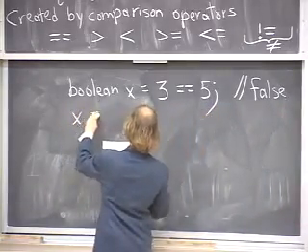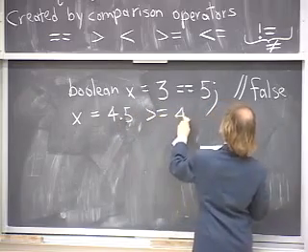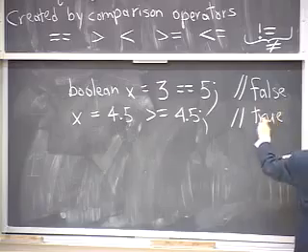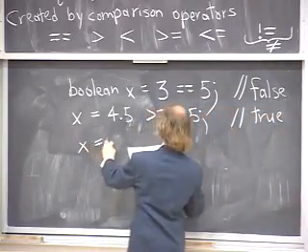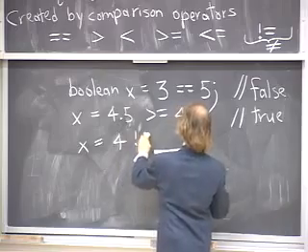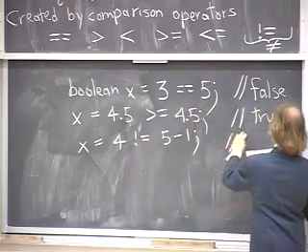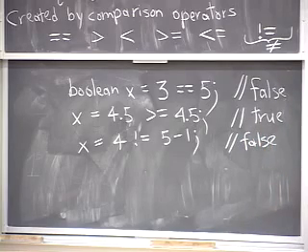If I test whether 4.5 is greater than or equal to 4.5, well, that's true. I can use expressions in here, so I can test whether 4 is not equal to 5 minus 1. And that's false, because 4 is equal to 5 minus 1.